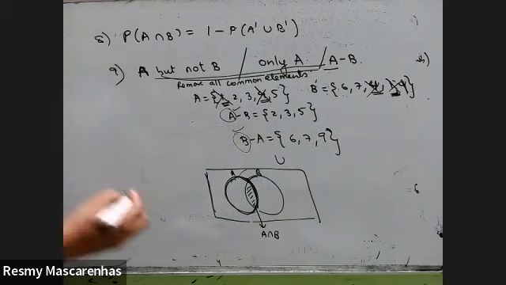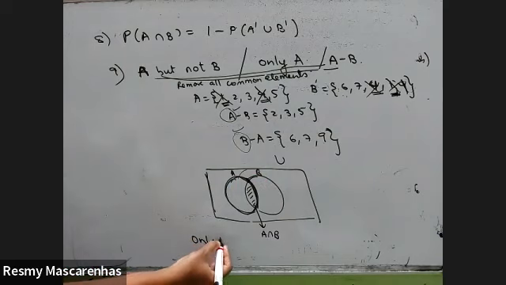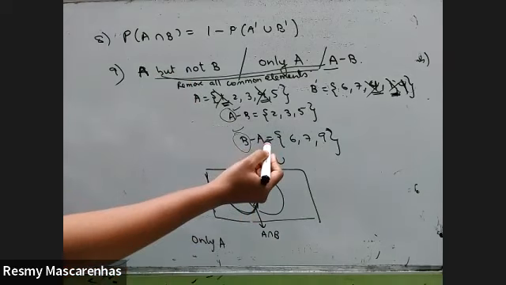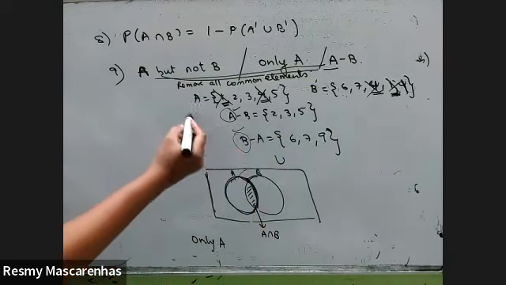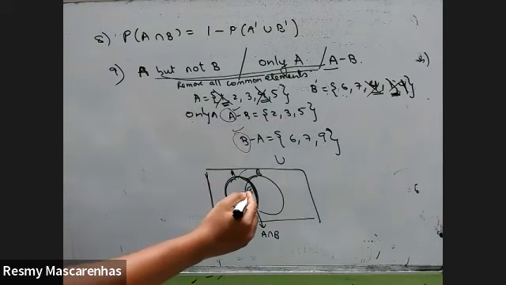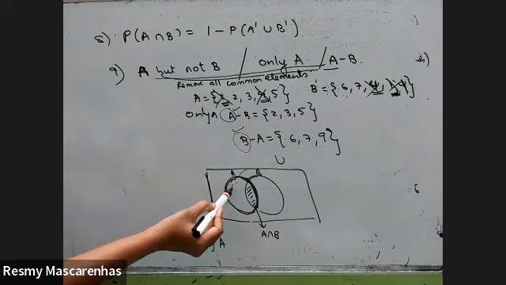Now whenever I say only A, or A not B, what it means is I want only A. So I remove whatever belongs to B. Only A means only the dotted part.